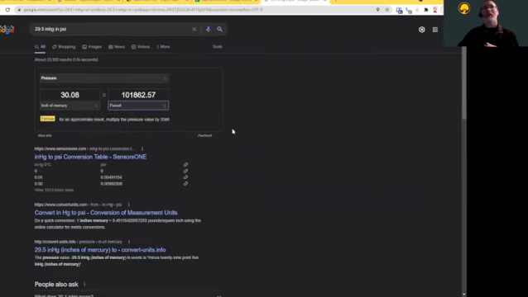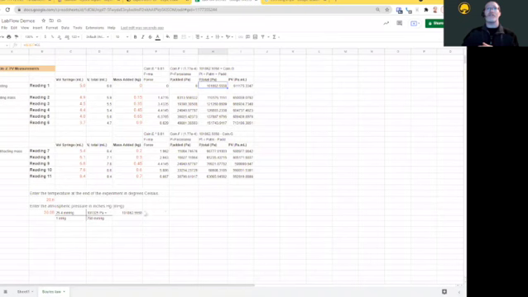They tell you for an approximate result, multiply by this number, but there it is, 101,862 and change. That's what I have right here. So however you want to do it, you need to start in pascals because that's what our force unit is going to end up giving us in the later calculations.